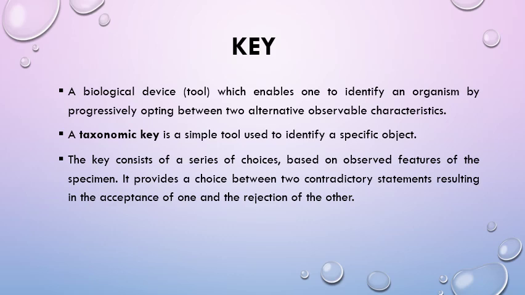We have discussed keys and their different types in our previous lectures, that is taxonomic procedures and taxonomic keys, in detail, and how the different keys are helpful for the identification of organisms. So a key is basically something by which we can identify an organism by making choices based on observable characteristics.